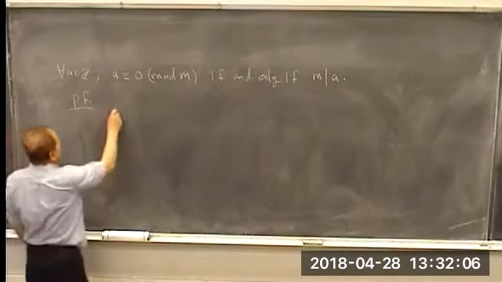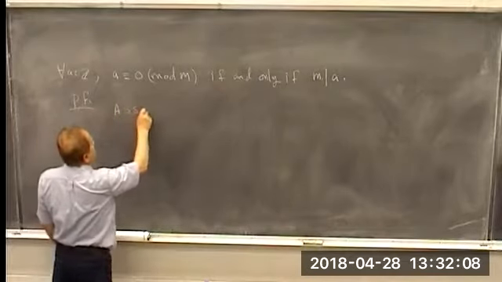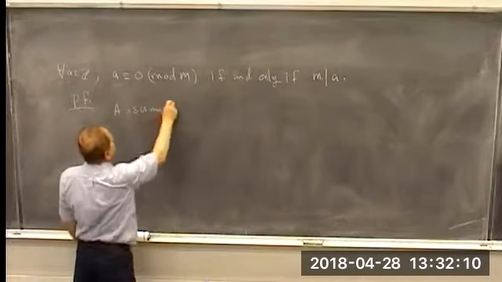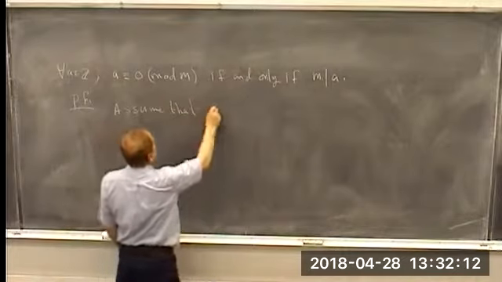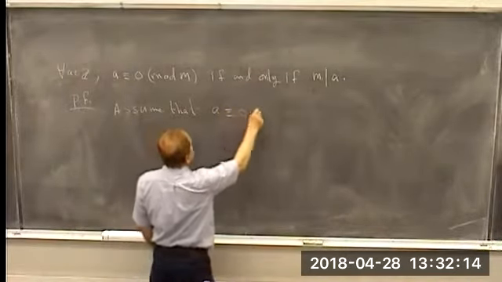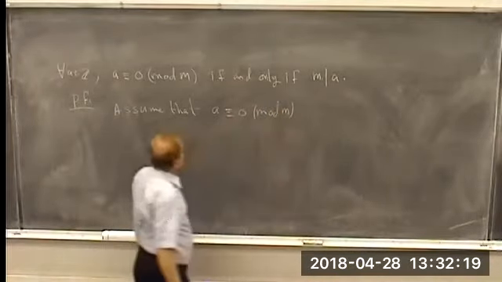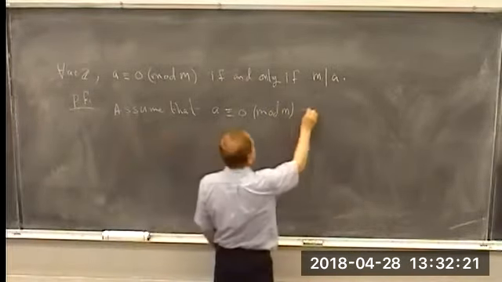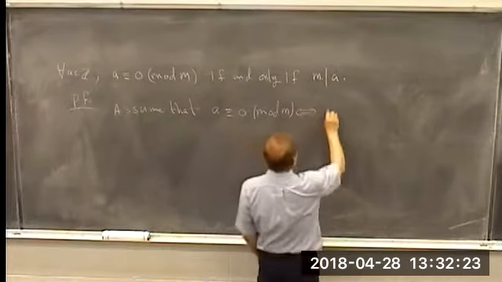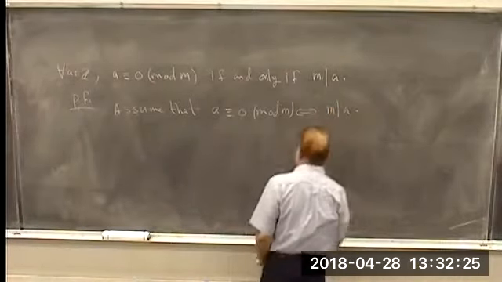So let's assume that the congruence relation is satisfied, A is congruent to 0 mod M. This is equivalent to saying that M divides A. And that's it.